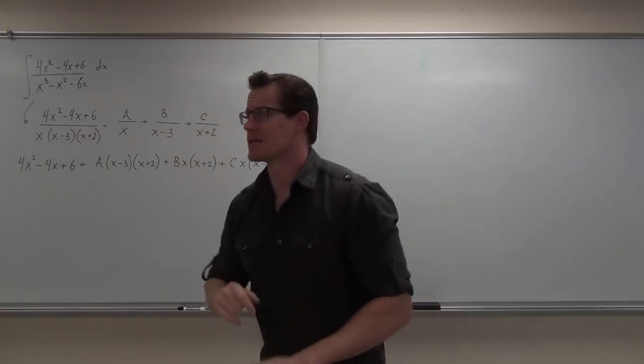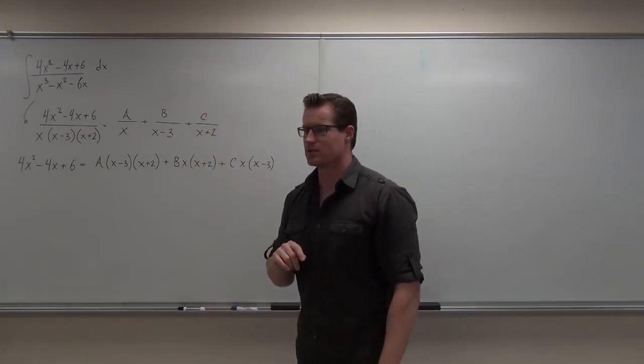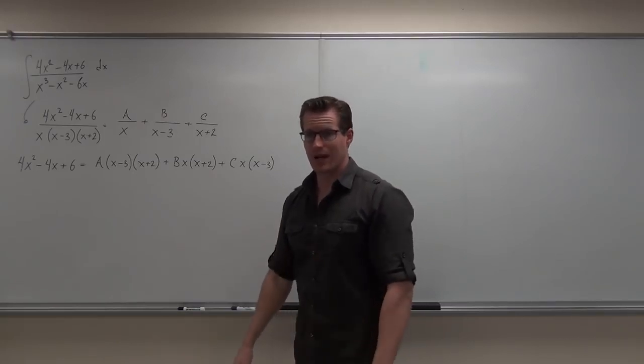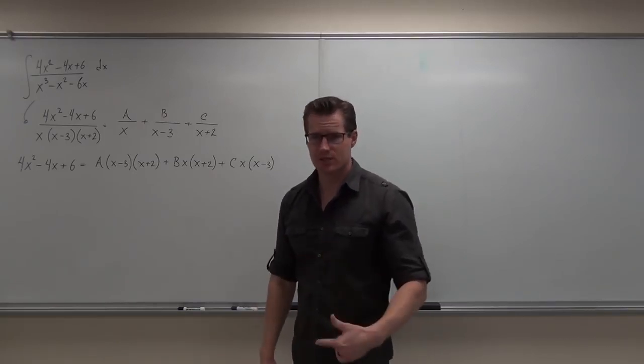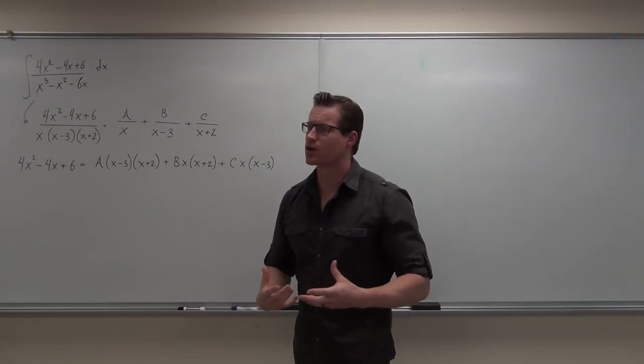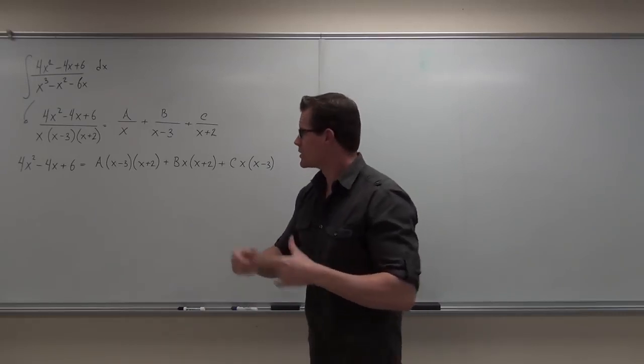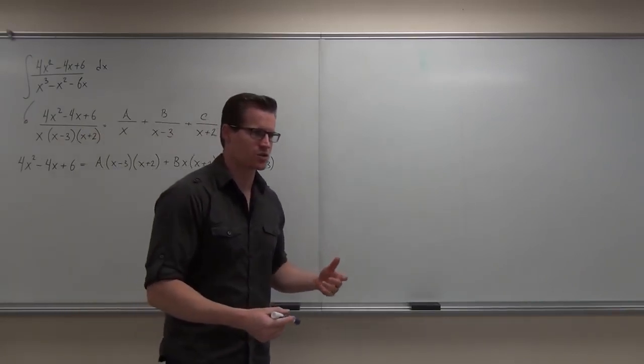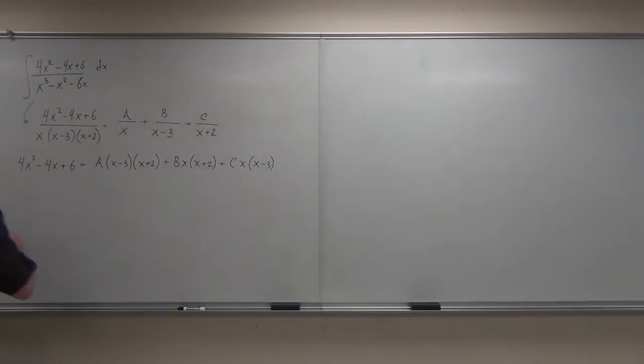All right, now we get to continue, and what in the world are we going to do with this? Well, make a system of equations. We're going to have to distribute all this stuff and organize our variables. I'm going to move quickly because this is just some distribution. So there we go.